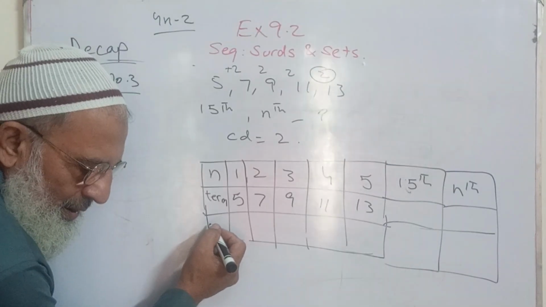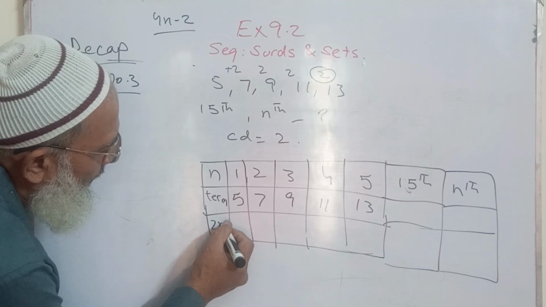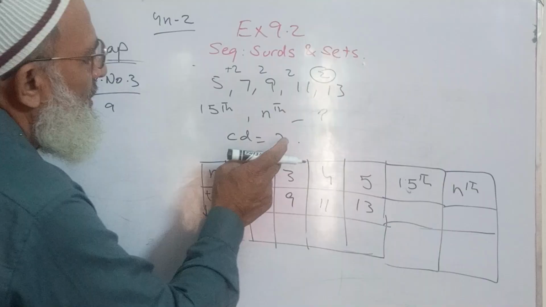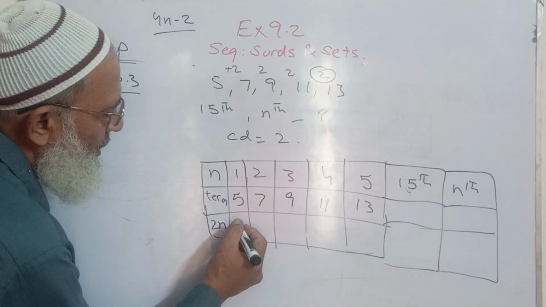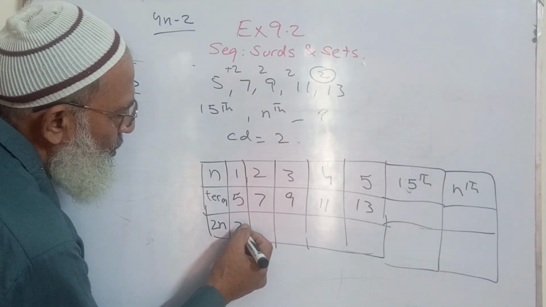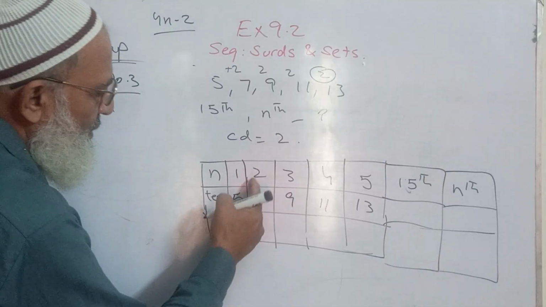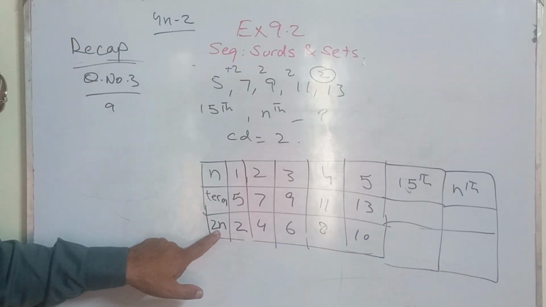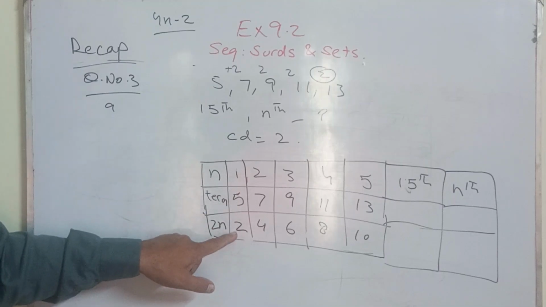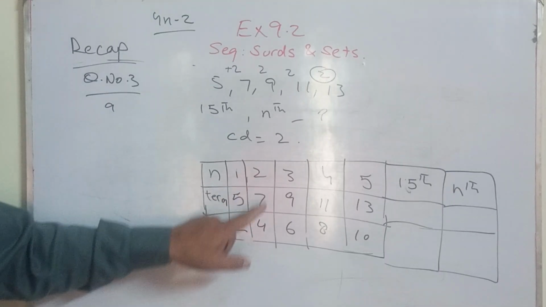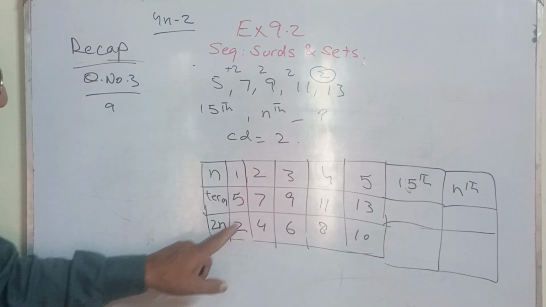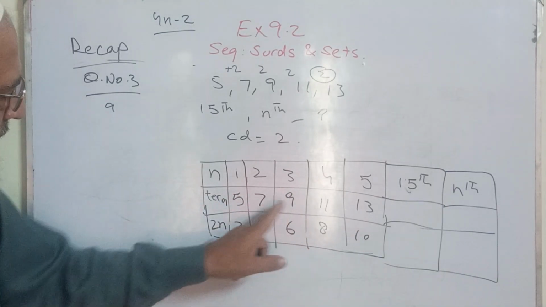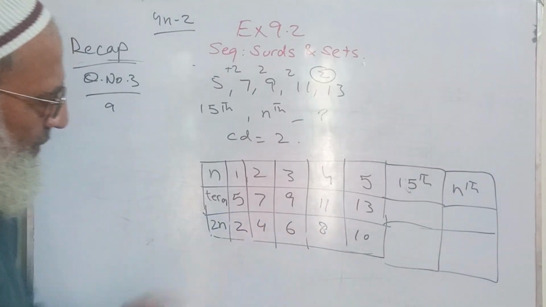So that means it is 2n. 2n means n is 1 over here, so it will become 2. When n is 2, it will become 4, 2 times n for 3 is 6, 2 times n for 4 is 8, 2 times n for 5 is 10.